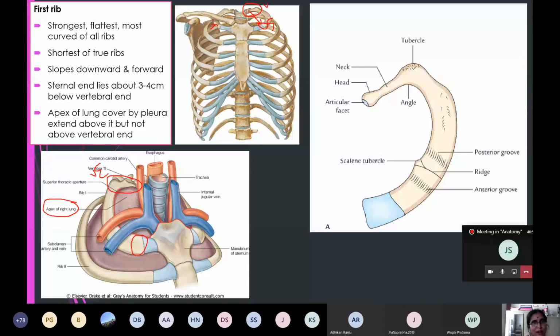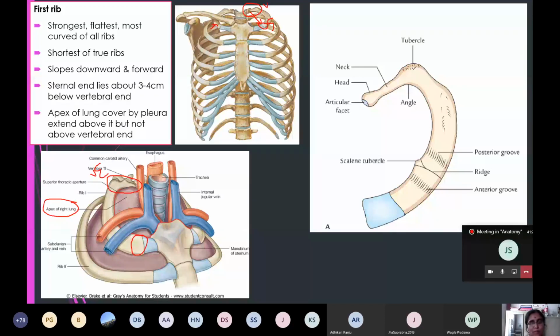What do you say? Viva question, osteology viva question. Most of the time, your external examiner will ask you what is the relation of the apex of the lung with the first rib. You should know the sternal end of the first rib is directed downward and forward.